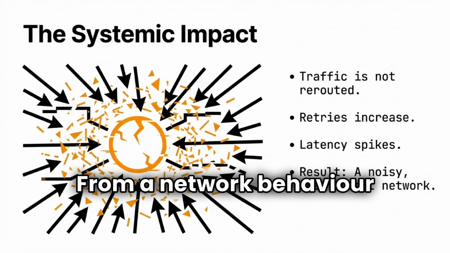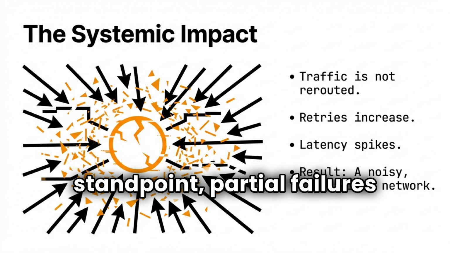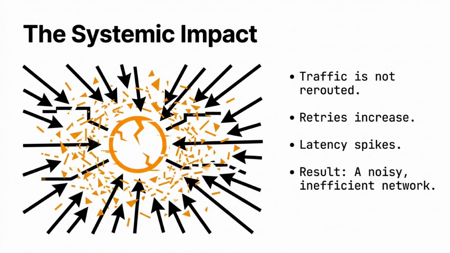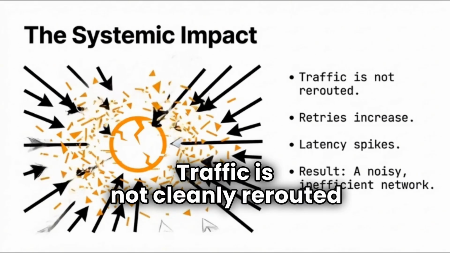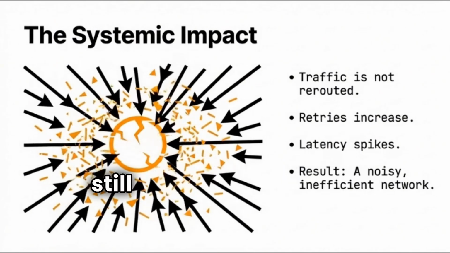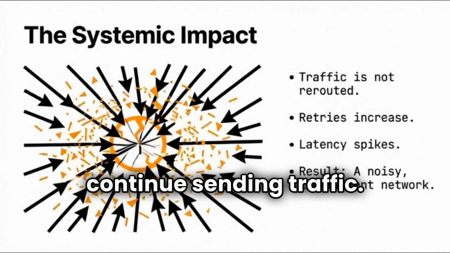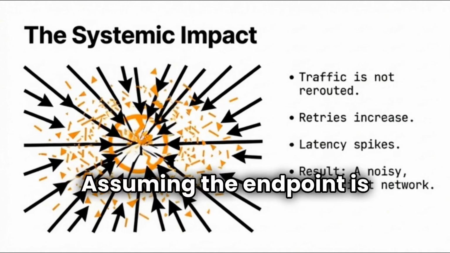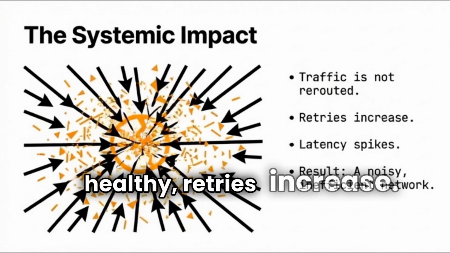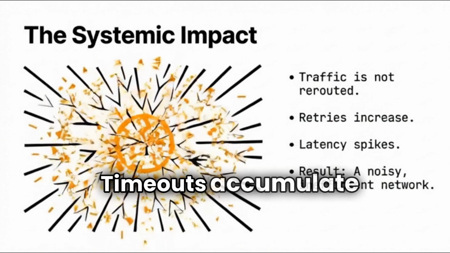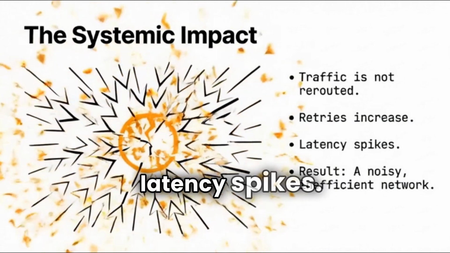From a network behavior standpoint, partial failures are extremely disruptive. Traffic is not cleanly rerouted because the endpoint still appears reachable. Load balancers may continue sending traffic, assuming the endpoint is healthy. Retries increase. Timeouts accumulate. Latency spikes.